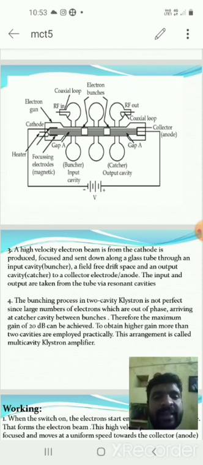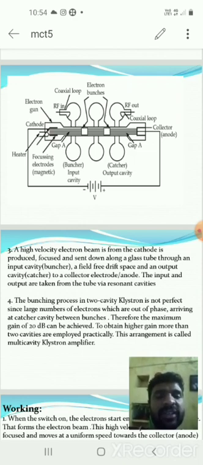In this glass tube, the electrons are traveling from cathode to anode, and the RF signal also interacts with the electrons and travels along the vacuum tube and reaches the catcher cavity.